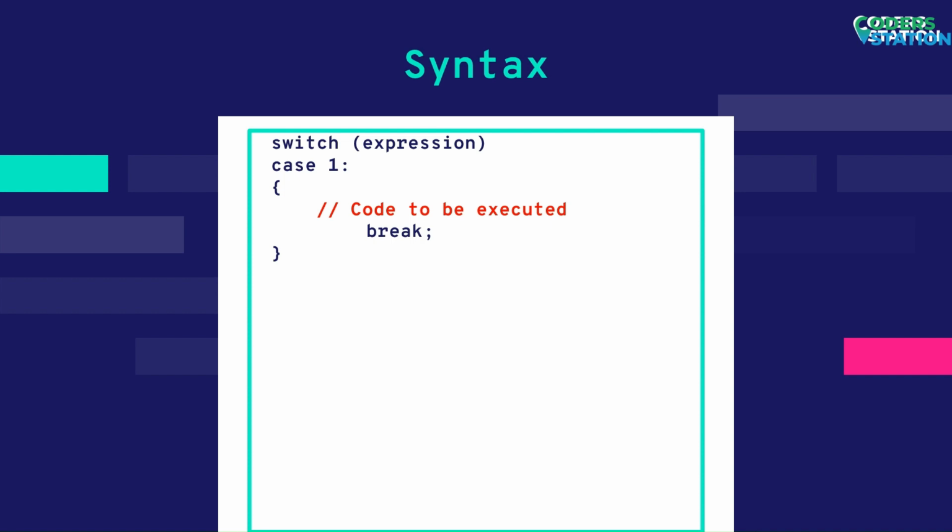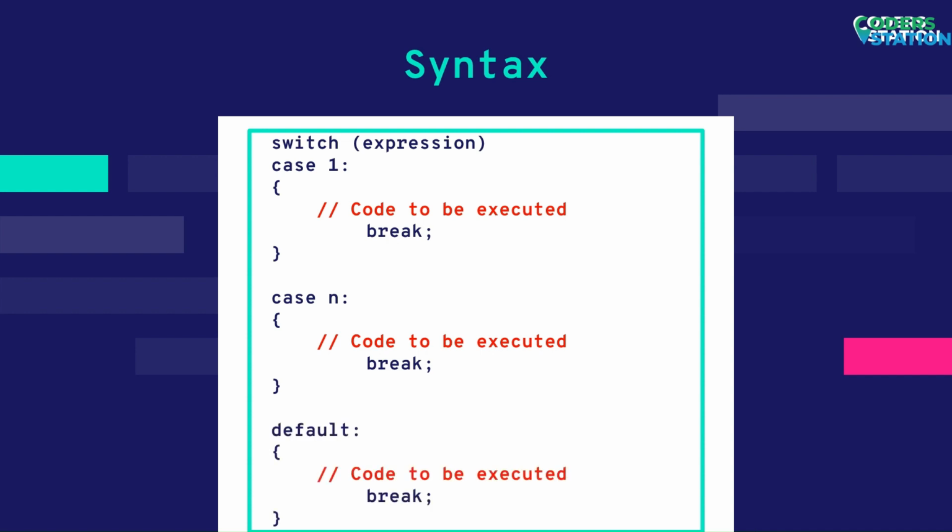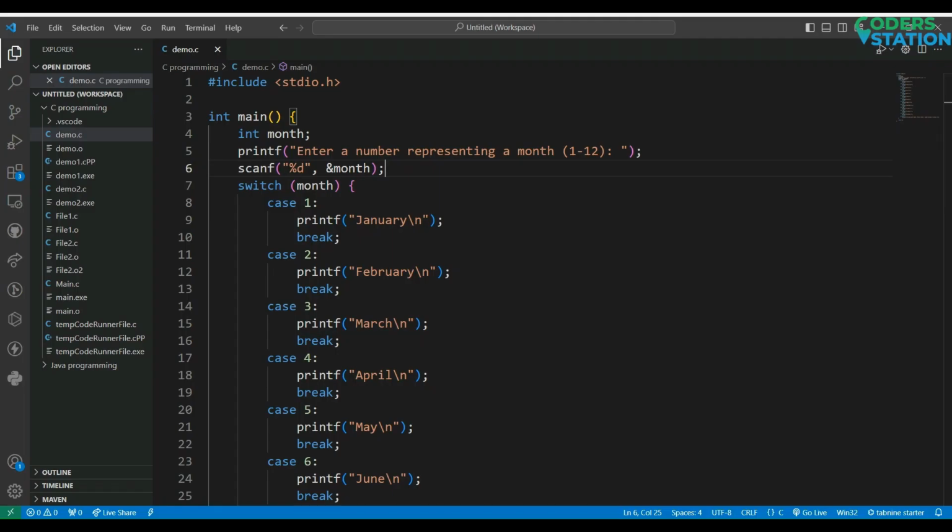And it is necessary to have a break statement in each case, because due to this break statement, our code will exit from the switch conditions and will return to the main menu. After case 1, we will have n number of cases. And here we have a default block where if neither of the cases is satisfied, then this default block will be executed. So now let's move towards our example part.